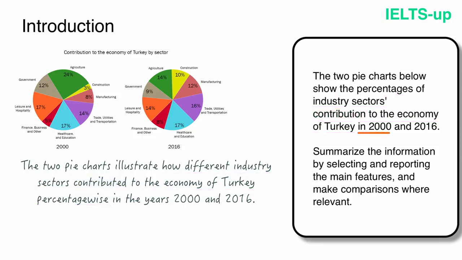Finally, we have the time period in 2000 and 2016. And I have paraphrased it in such a way: in the years 2000 and 2016. So I just made this phrase a little bit bigger by adding the years. And you can also paraphrase the time period expression in such a way.